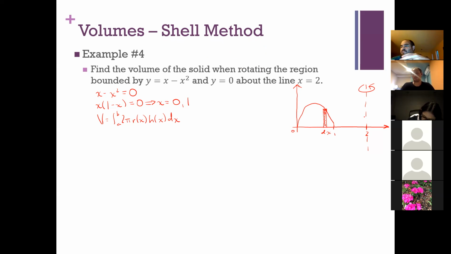Kind of like I said at the top of this, hopefully having this contrast will make it more clear. Whether you're using the shell method or the disk method is totally linked to the combination of your independent variable and the orientation of your axis of rotation.